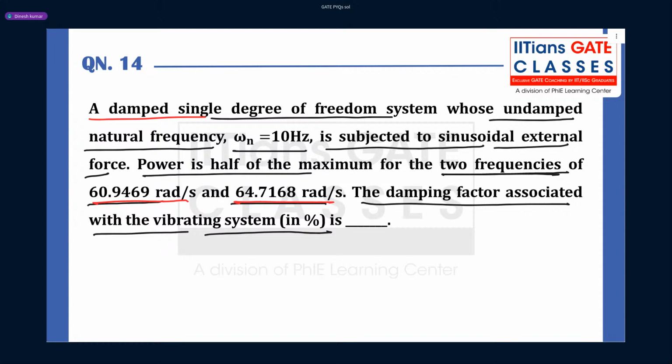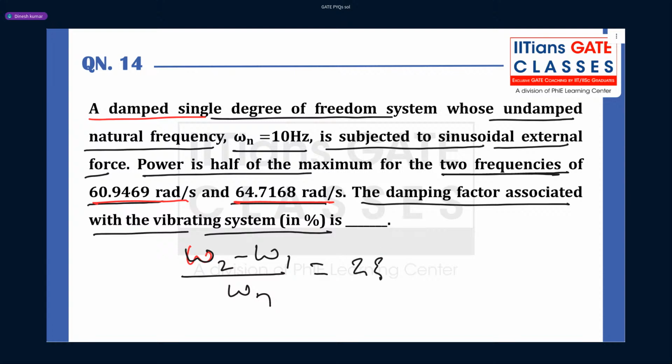This is another concept in forced vibration, you can go and read it. So we know, guys, bandwidth is given by omega 2 minus omega 1 upon omega n, and bandwidth is always equal to 2 zeta.